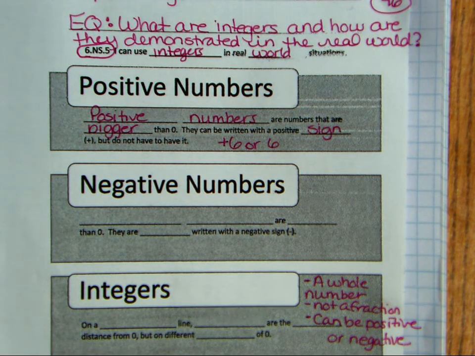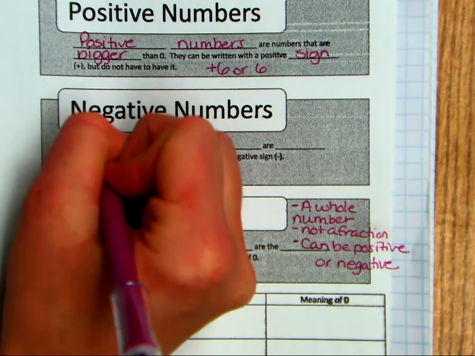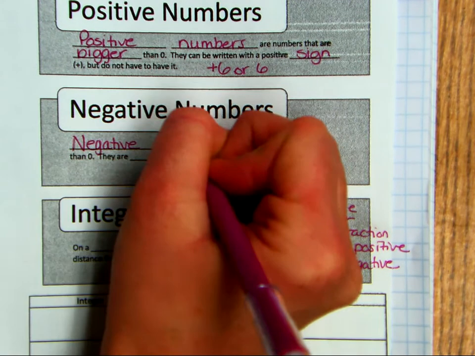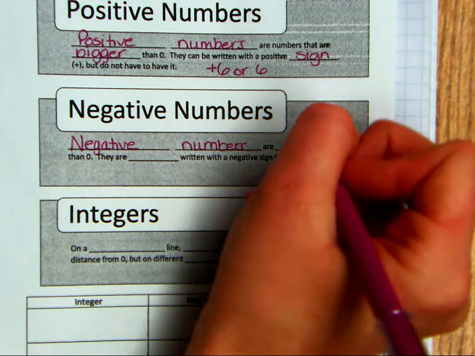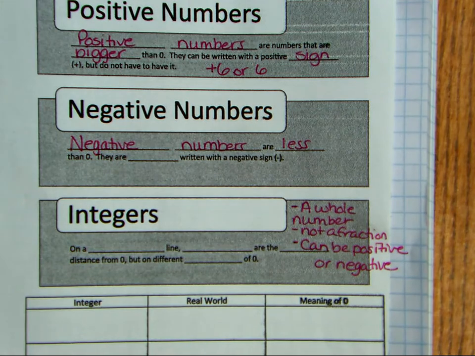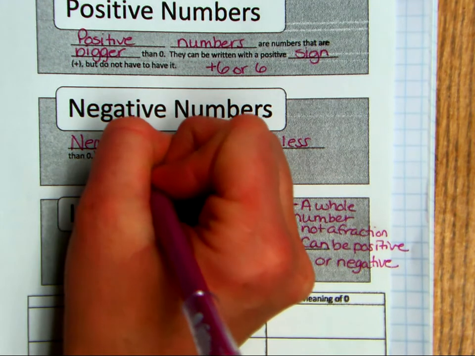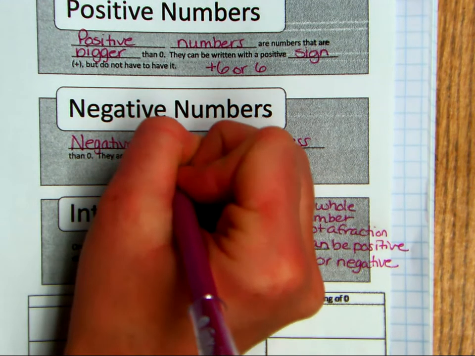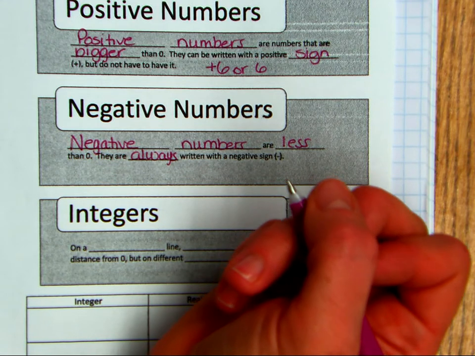Now negative numbers, on the other hand, negative numbers are less than 0. So they're the numbers that are on the other side of 0. They are also always written with a negative sign.